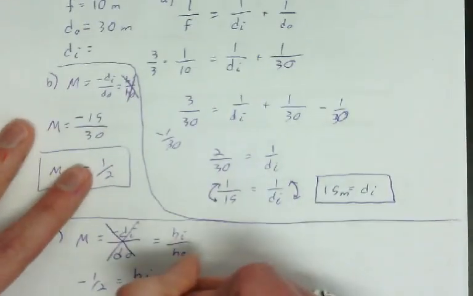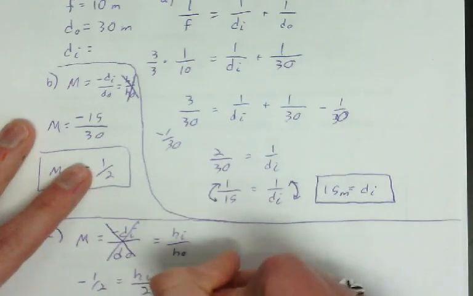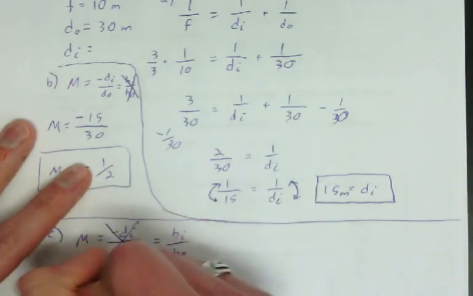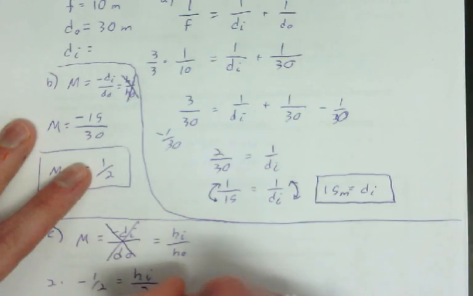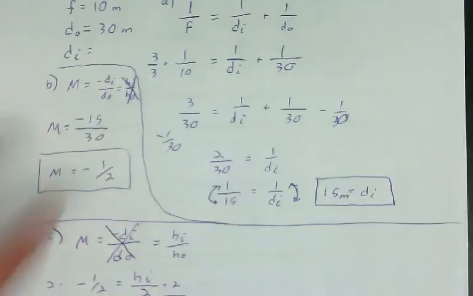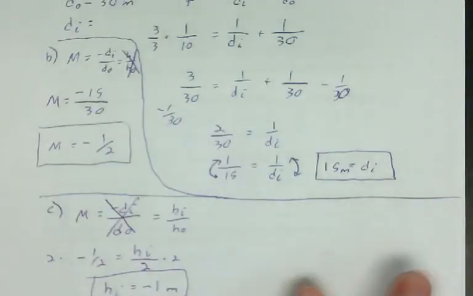So multiply 2 to both sides, and you get HI equals negative 1. Yep, told you. I speak truth.